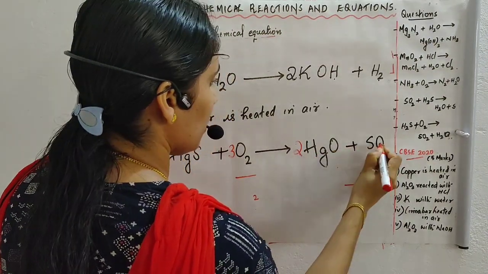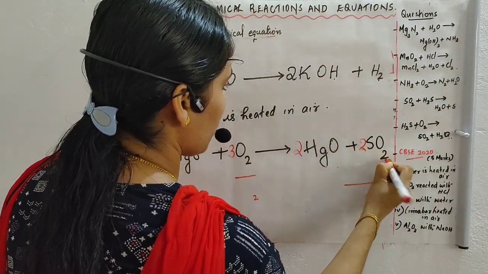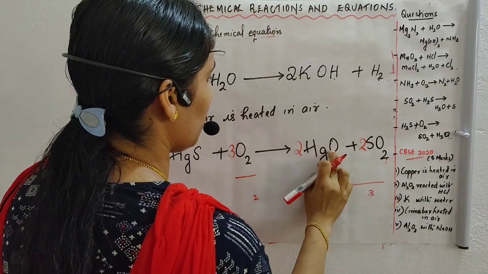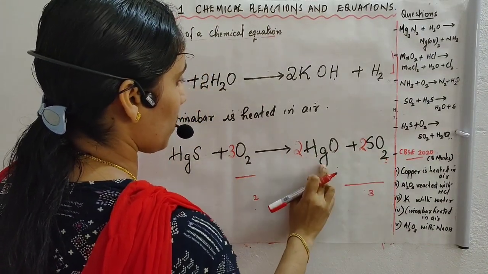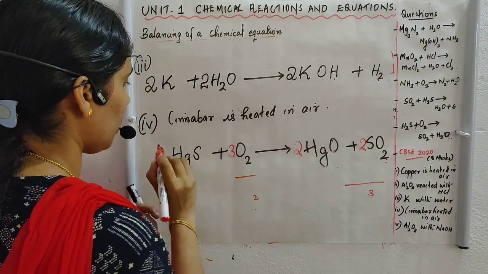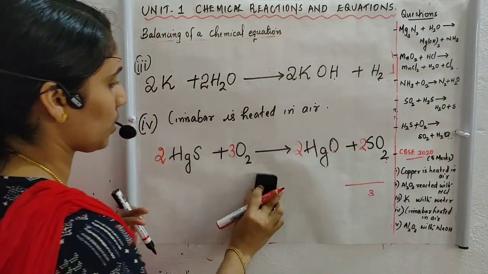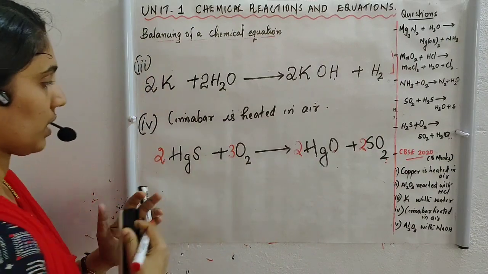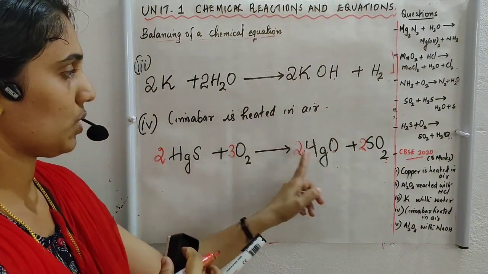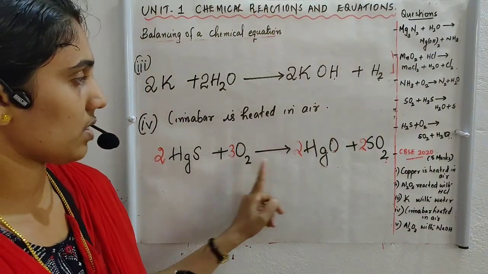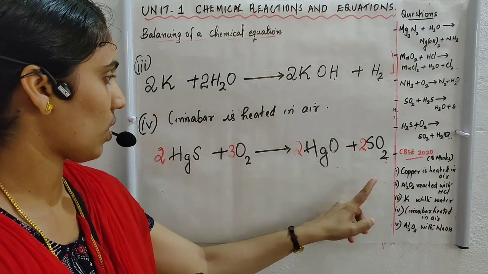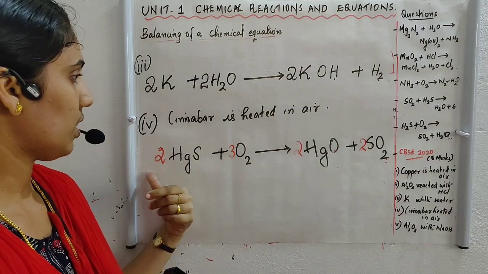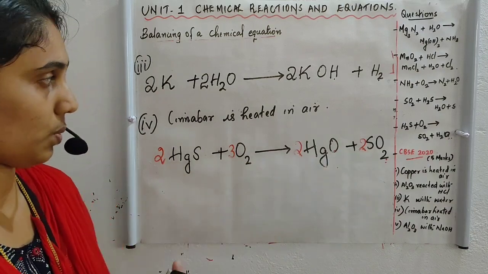Now 2 oxygen plus 2 here means 4, that means 4 plus 2, 6. Here also it is 6. Then now mercury 2, here also 2. That means now the equation is balanced. You can see 2 Hg, 6 oxygen, 2 plus 4, 6. This side sulfur here 2 and this side also 2.